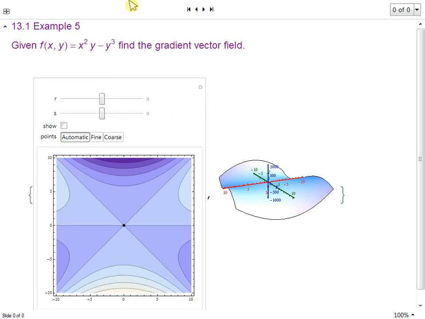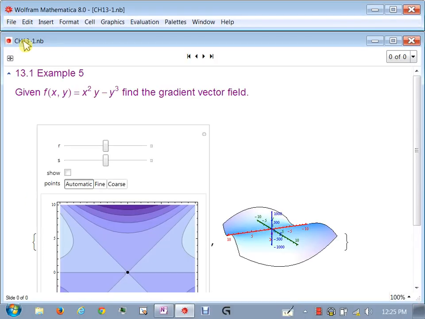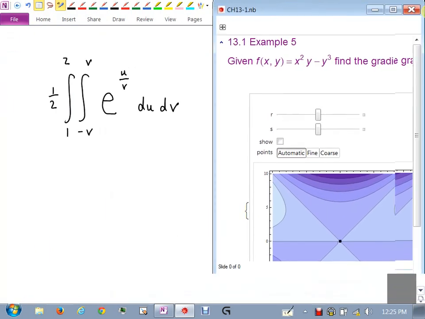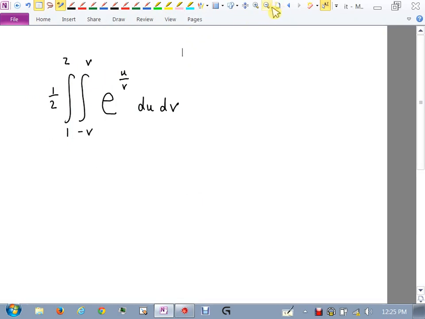So what is it? Do we need to go through it? Should we go through it? What's the gradient vector field here? Let me try and do this way here.